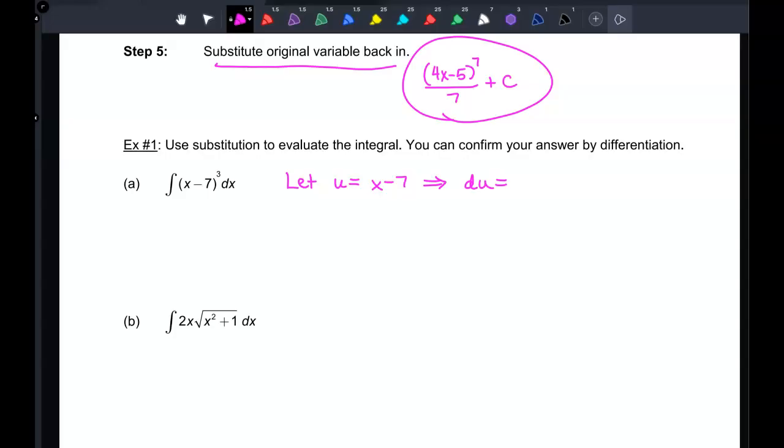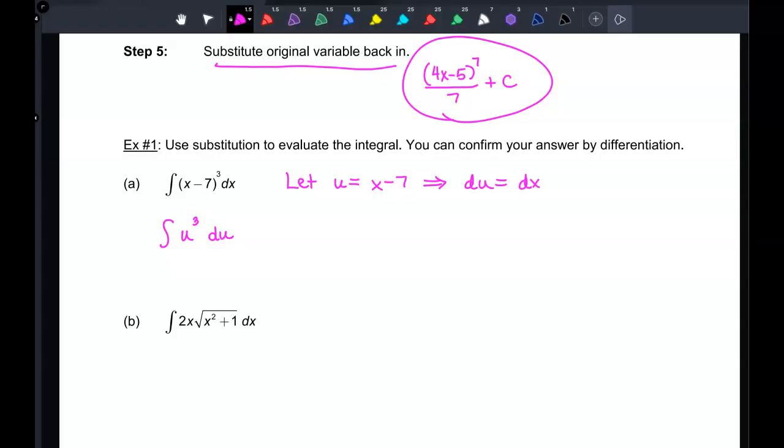So it's going to be 1 dx, or just du is equal to dx. Okay. All right, next step. I'm going to rewrite this with just u to get rid of all the x's. So it's the integral of (x minus 7), which is u, to the 3rd. I'm replacing dx with du.